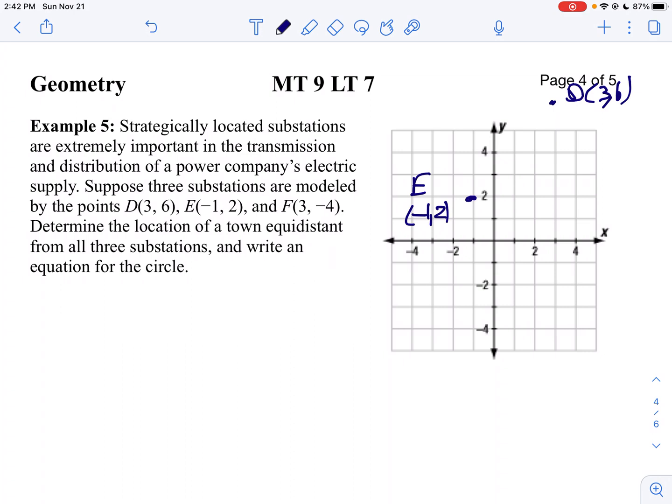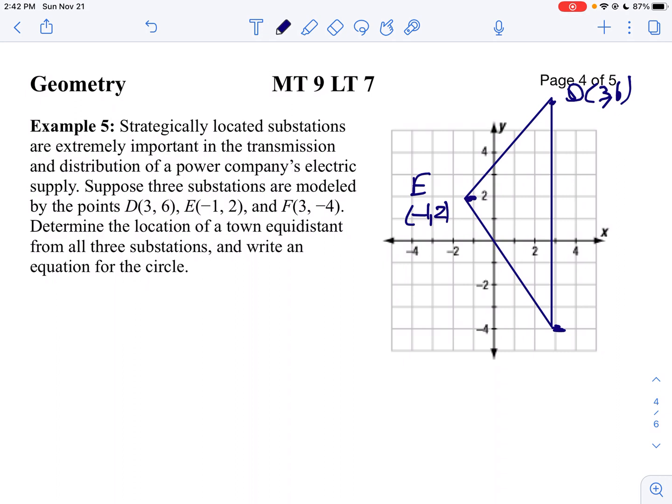And F is at (3, -4). So what happens here, these are my chords. And I know the diameter is the perpendicular bisector of a chord. So I'm going to bisect 2 of my chords and see where they intersect.